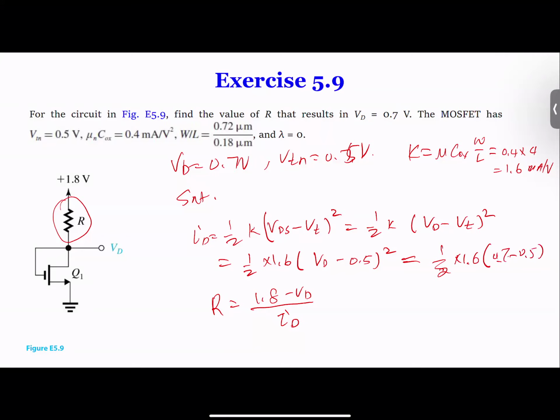That one gives you ID. Once you find ID, you can find R. VD is given, so it's 1.8 volts minus VD, divided by the current. Because it's in saturation, we're able to find the current fairly easily.